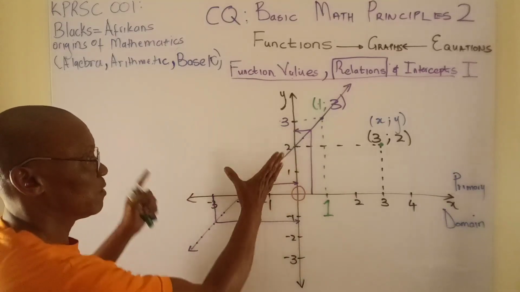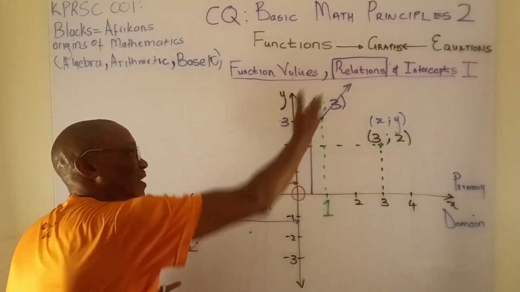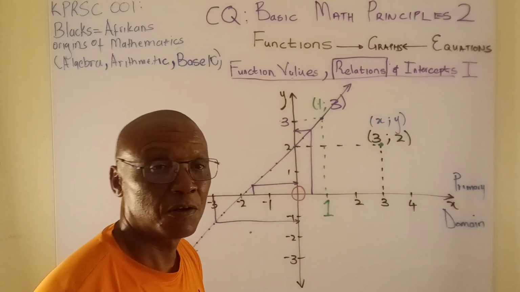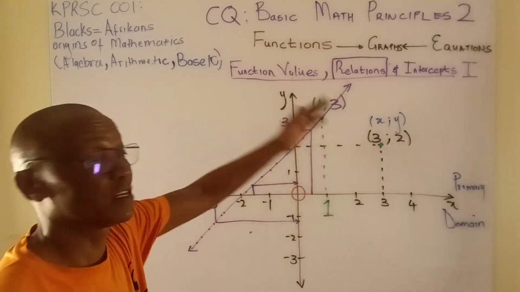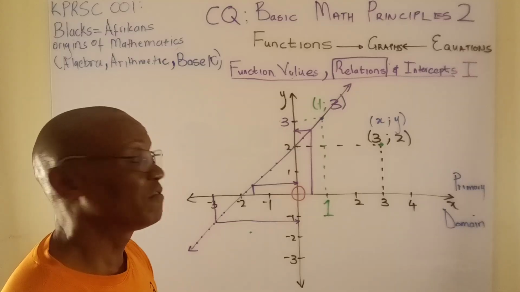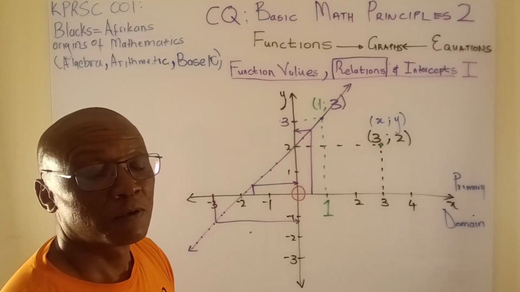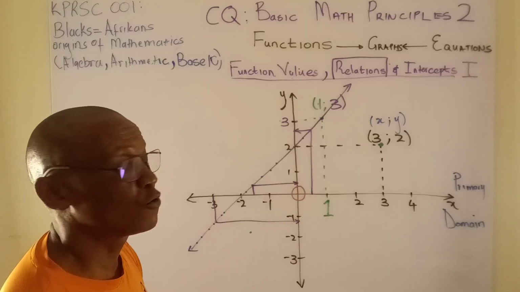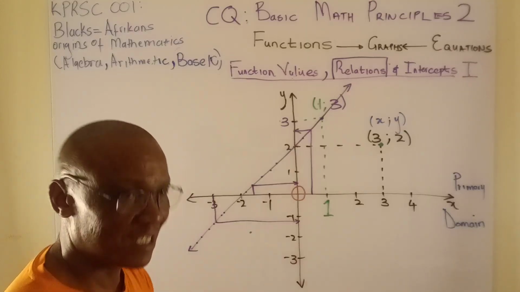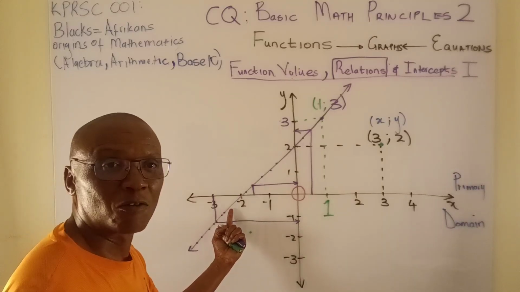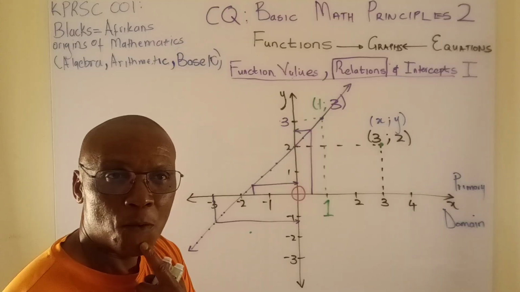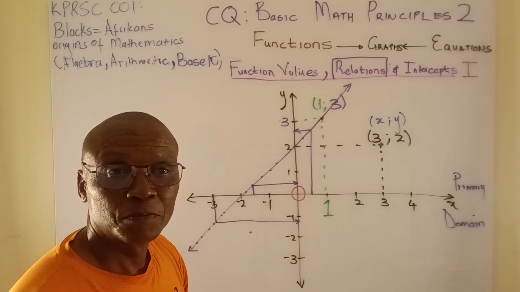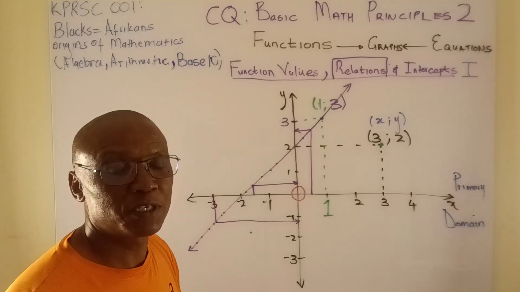Now, what I'm saying about a line, what you call a graph, is going to apply to every type of graph. And I mean every type of graph, guys. Just that basic notion. In the second part, I'm going to bring an algebraic representation of this, which we are going to call an equation. But let's take it one piece at a time.